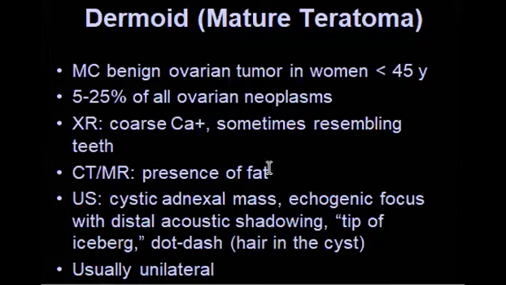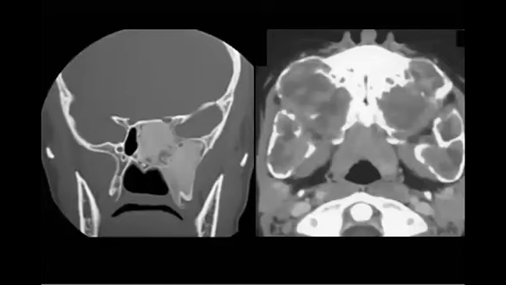Calcification in the CT and MRI, fat, and many signs: tip of the iceberg, dot-dash sign, and so on. But don't forget that with calcification or the tooth appearance, you will mention dermoid. Perfect. This one for you, I think, is an easy one.